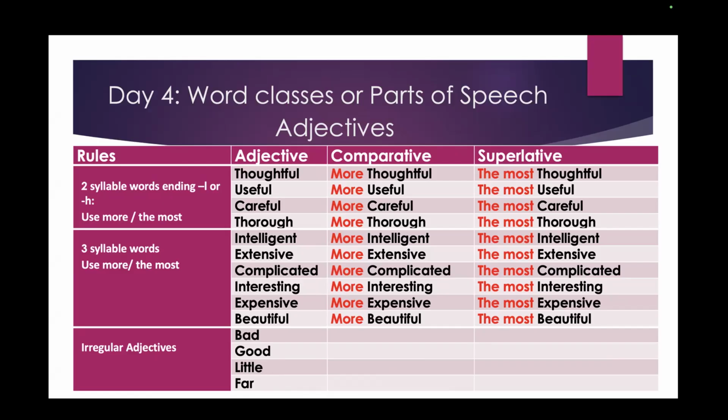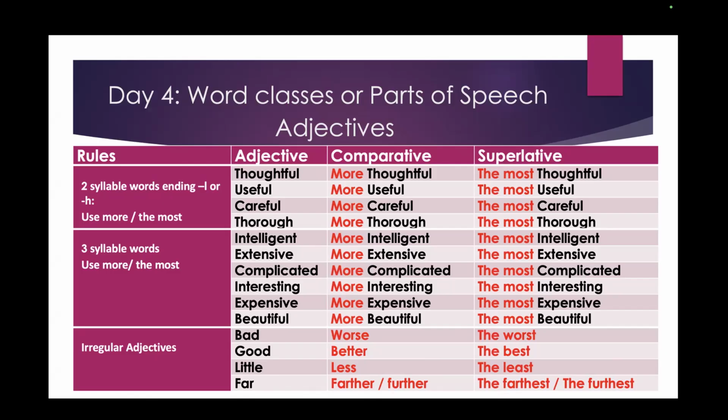And for bad, we say bad, worse, worst. Like this, or the worst, right? So you have to always add the letter D when you're using the superlative. So el más malo, el mejor, the worst, the best. For little is less and the least, and for far is further and the furthest.